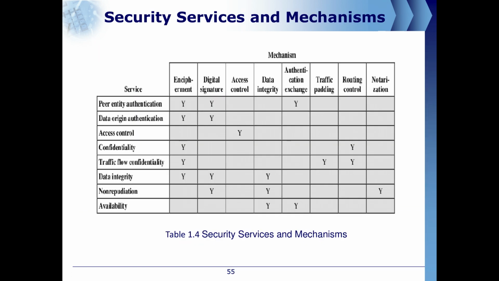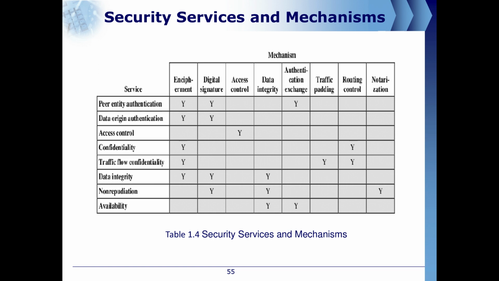In Table 1.4, various security services and their mechanisms are outlined. For instance, the Peer Entity Authentication Service employs mechanisms such as encipherment, digital signatures, and authentication exchange to ensure mutual verification of identities in communication. Another service, Traffic Flow Confidentiality, utilizes mechanisms like encipherment, traffic padding, and routing control to maintain the confidentiality of data flow.